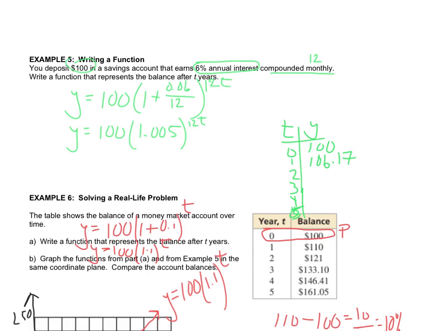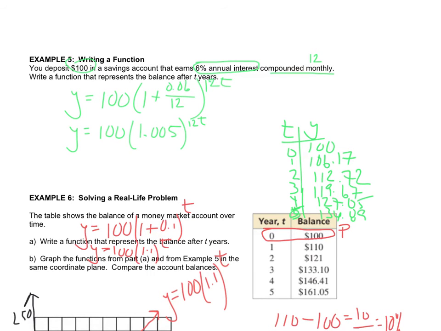When I plug in a 2, it's now 1.005 to the 24th, then times 100. I'm going to get 112.72. Then I'm just going to keep going, and if you have any questions on how I'm getting these numbers, please ask, but definitely these are numbers that you would let the calculator work out for you.